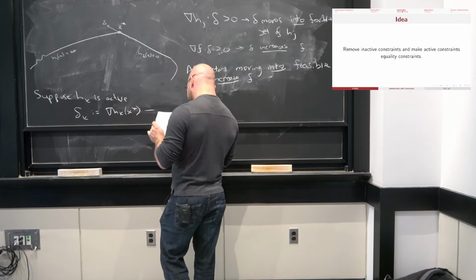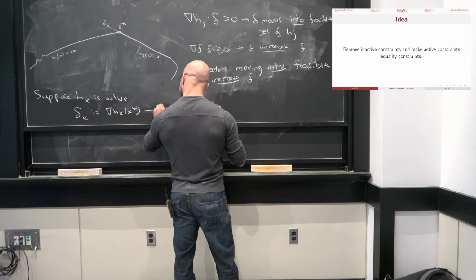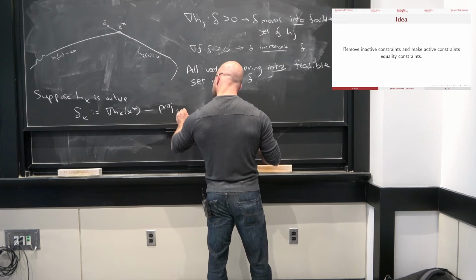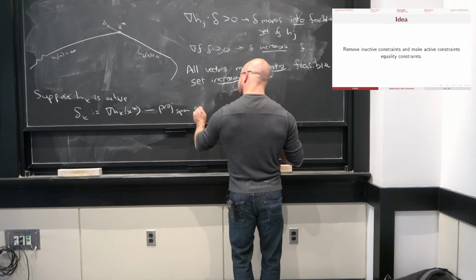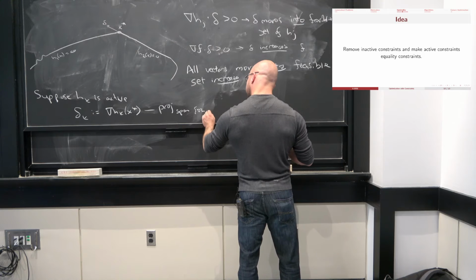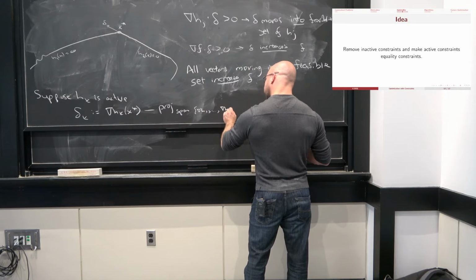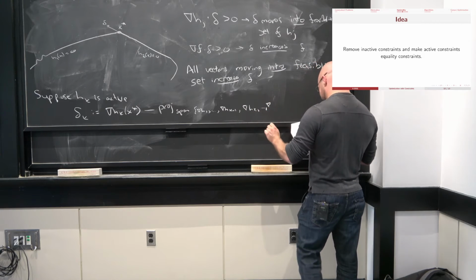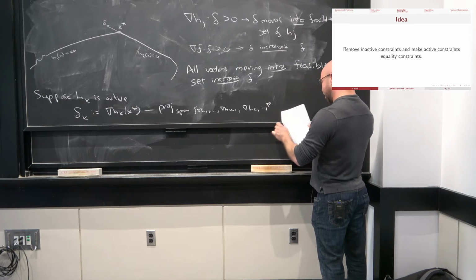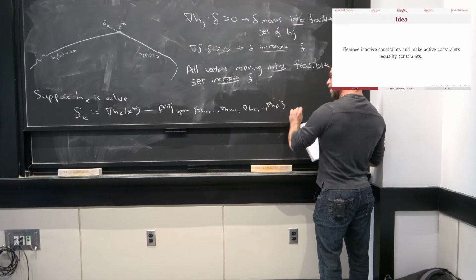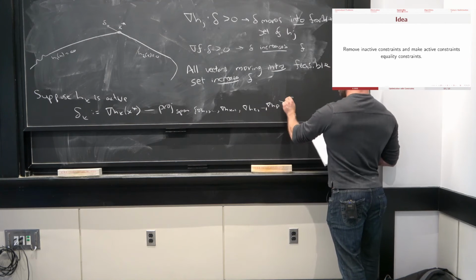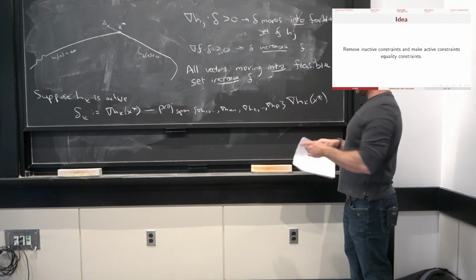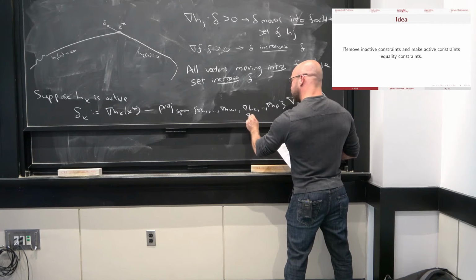But I'm going to subtract off of that the projection onto the span of gradient h1 to gradient h_(k-1), gradient h_k, whatever the last one is, h_p, like that. By the way, I'm not including g here, but you could also include all the g_i's in there.